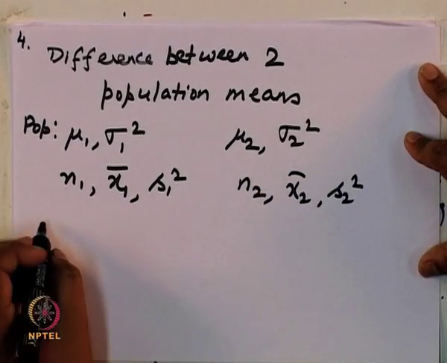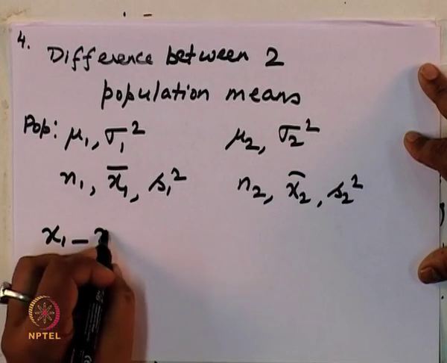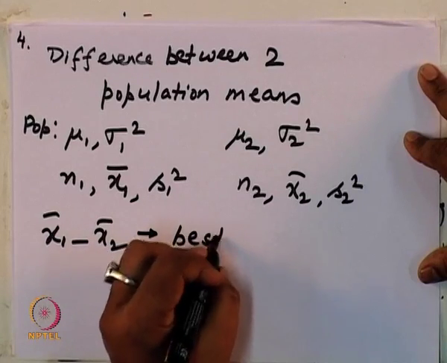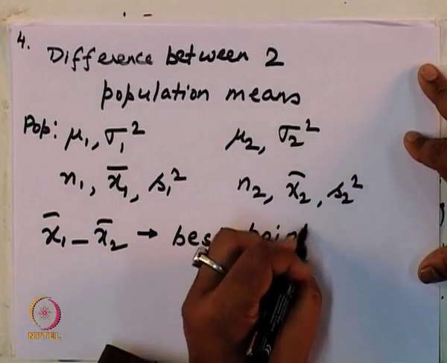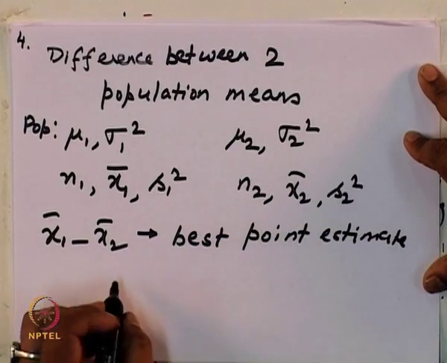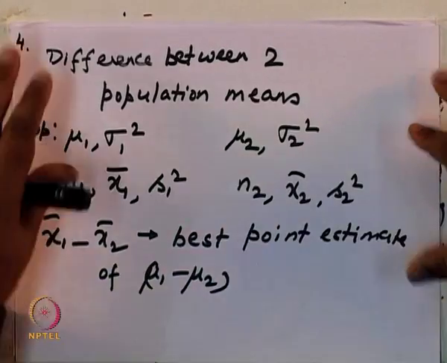So x 1 bar minus x 2 bar is the best point estimate of mu 1 minus mu 2.